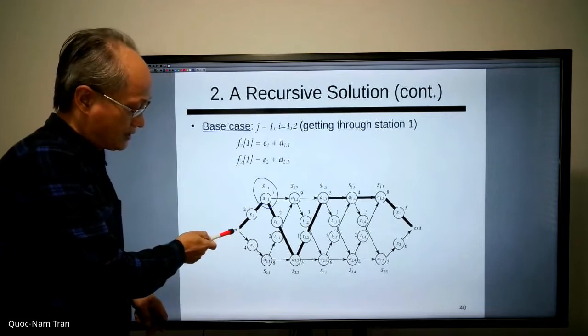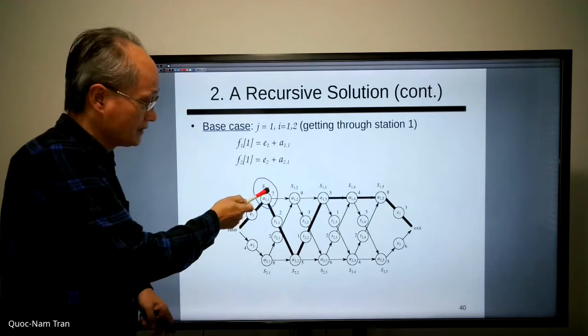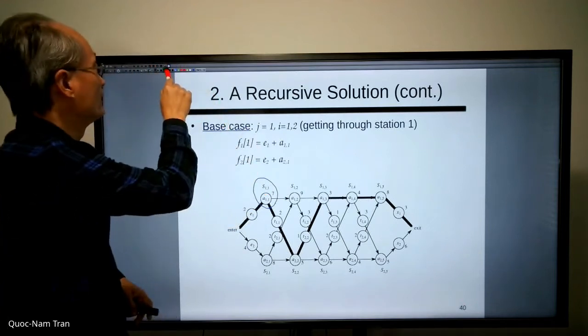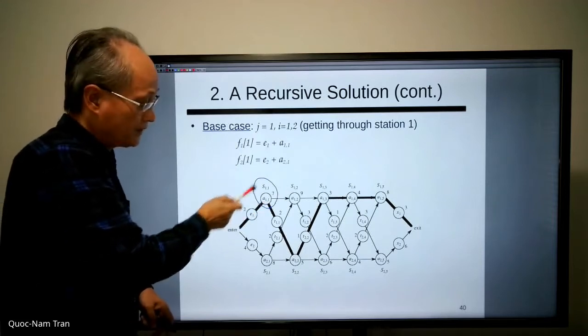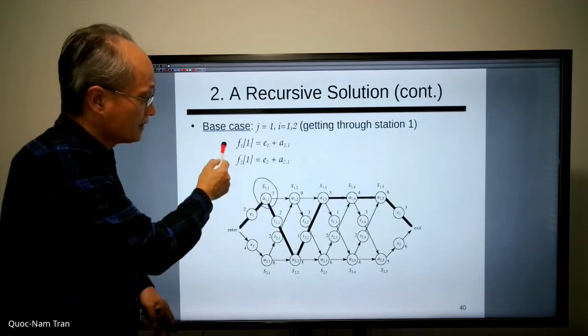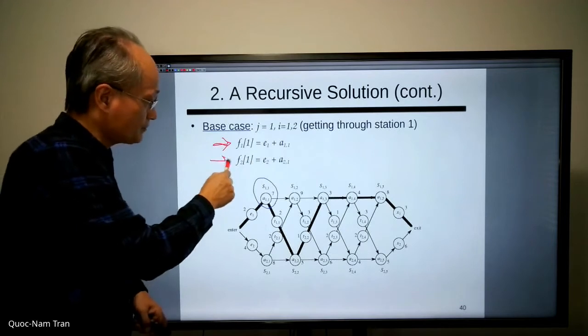That is 2 plus 7, or in general, the entering value plus the cost for finishing at the station 1, right? So that's set. F1,1 is easy. Same thing for F2,1.